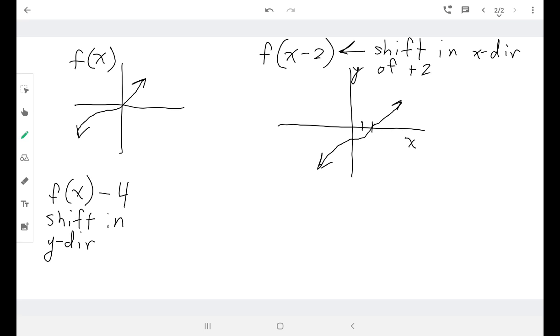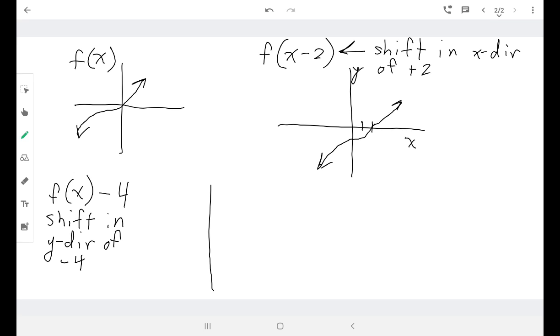You get shifting in the y direction when you're not grouped with x like that, and then it happens the way that you would expect it to happen. So this is a shift in the y direction of minus 4 because we see the minus 4 there. If you need to see it even more specifically, I can change that minus to a plus negative, and then you see the minus 4 even clearer.